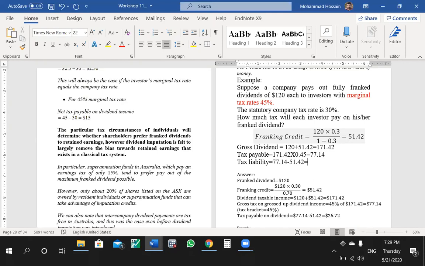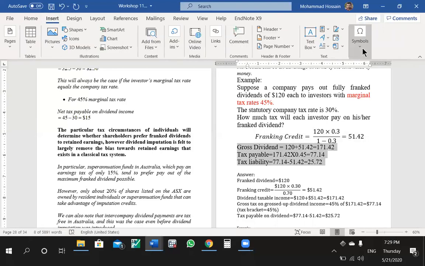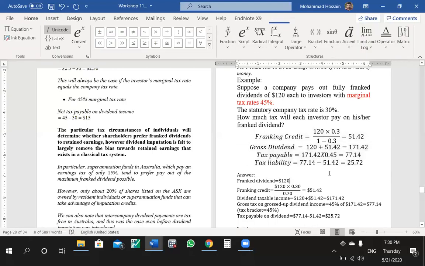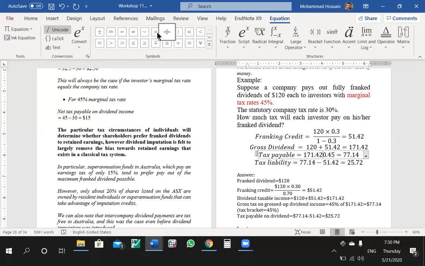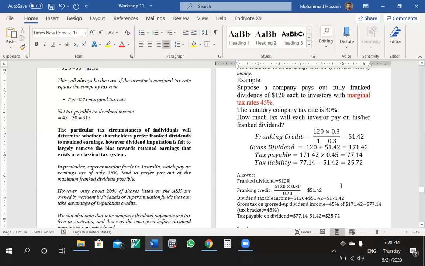That's it, which is 25.72. This much tax you need to pay to the tax office. That's it, done. It's not that tough. Yes, so that's the whole calculation.